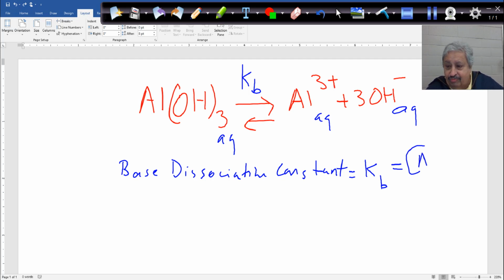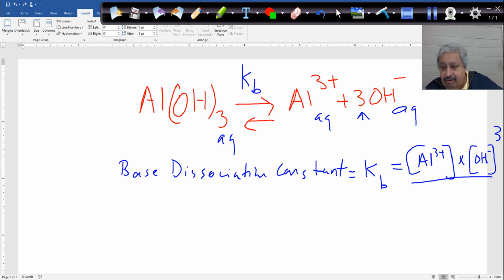Watch out now. It is Al 3 plus multiplied by OH minus, and since it's 3 moles, the 3 comes out as an exponent, divided by Al(OH)3.